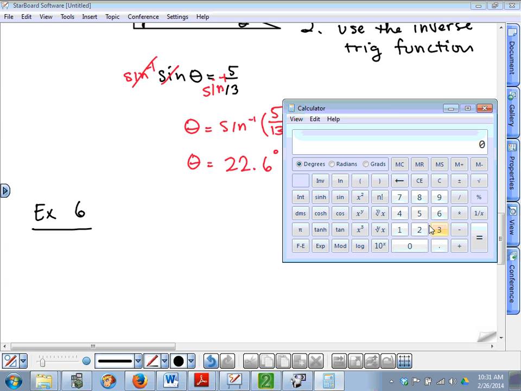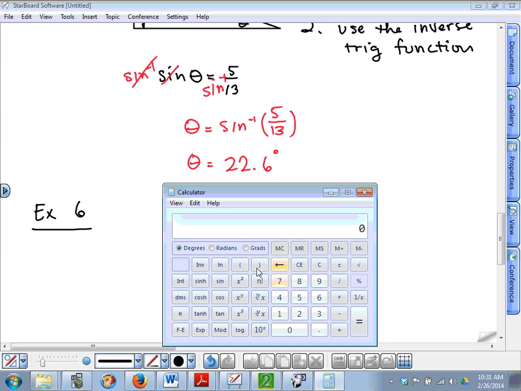Let's go have it. Let's see, where's the clear button on here? Clear. Push this C, the regular C. Inverse, there it is. Okay, so if we type in inverse and then inverse sine of 5/13, that didn't work.